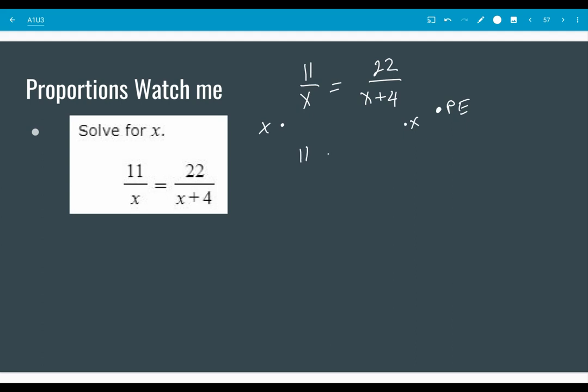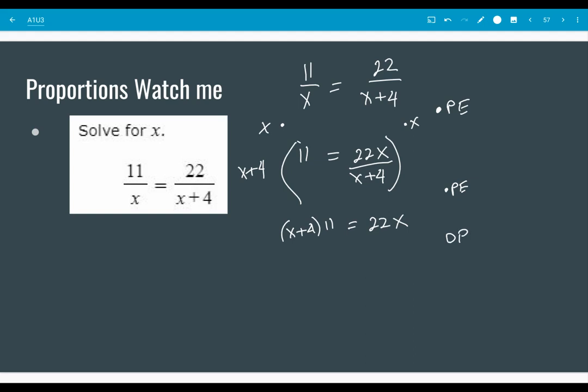So this ends up being 11 equals 22x over x plus 4. Be careful not to do this. Do not do that. That is bad. What you want to do is do the multiplicative property of equality again and multiply the whole thing by x plus 4. So we're going to end up with x plus 4 times 11 equals 22x.